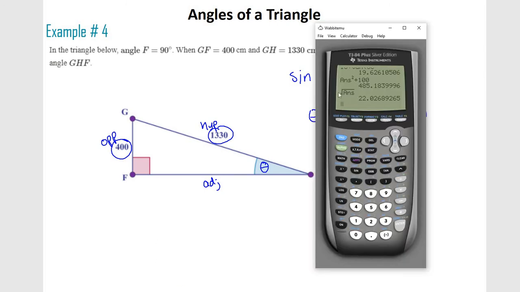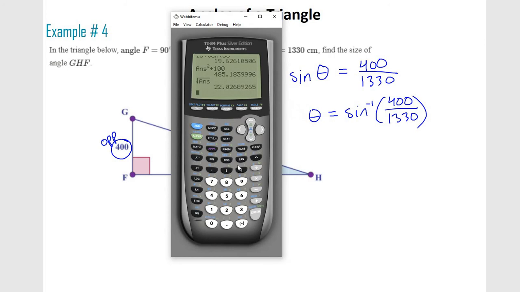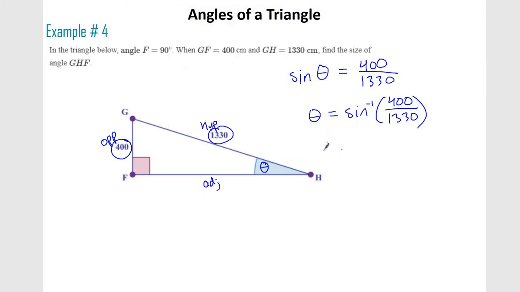And how we do it on our calculator: we do second sine, inverse sine, there you go, and we do 400 divided by 1330. So we get 17.5. So the angle is 17.5 degrees to 3 sig figs.